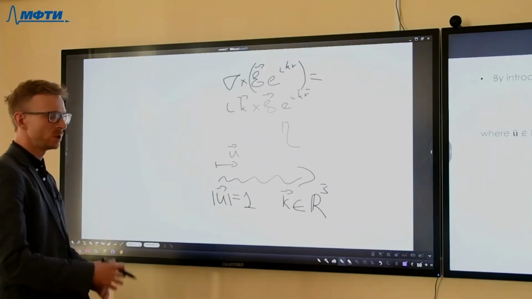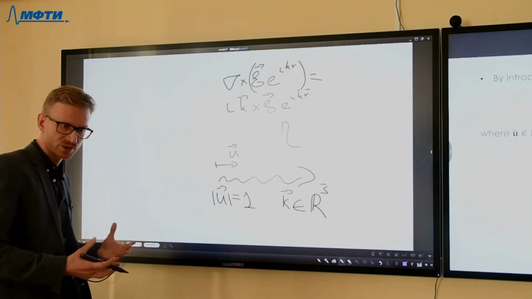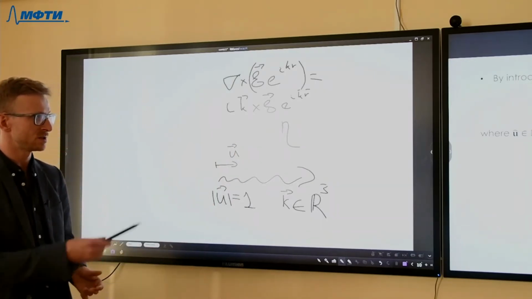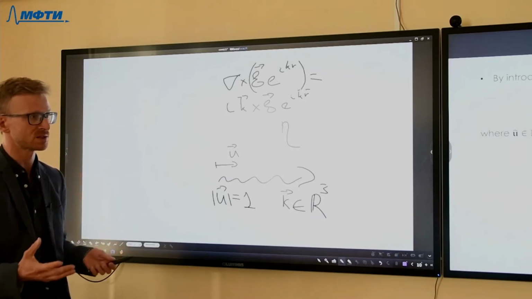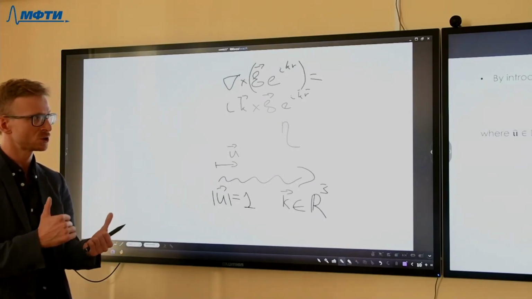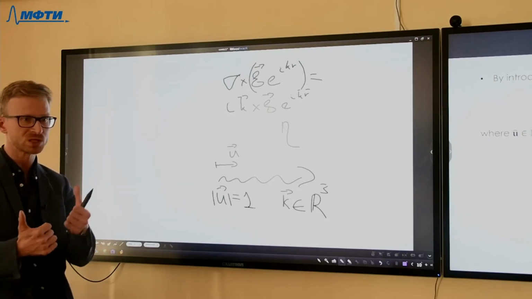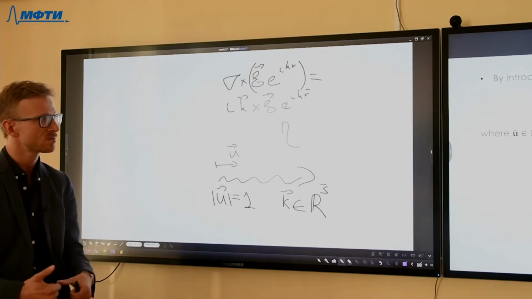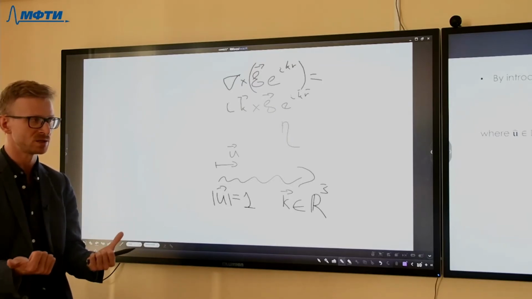And now we know the medium through which this wave is propagating, so we know the impedance, and this expression expresses the relationship between the two polarization vectors, electric and magnetic fields. So once we know the electric field, and once we know the direction of the propagation and refractive index, we immediately know the magnetic field and vice versa.